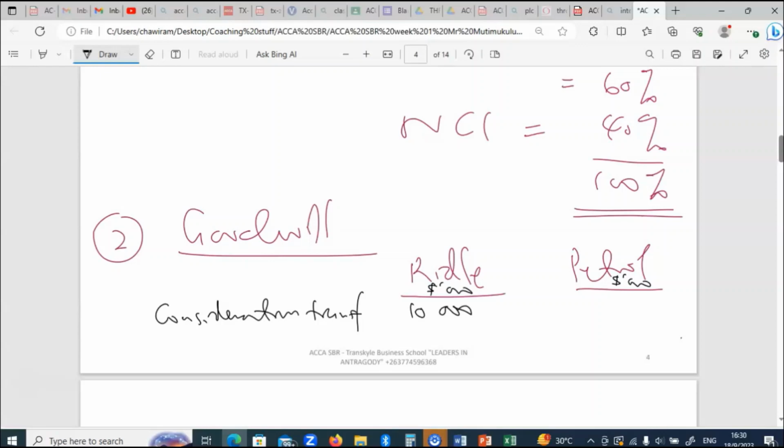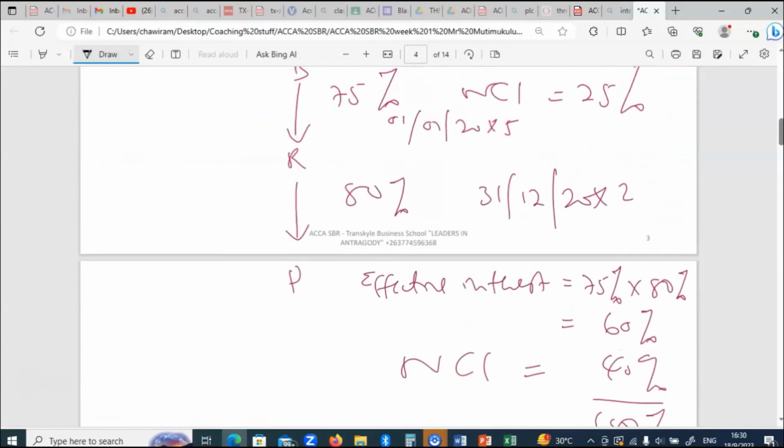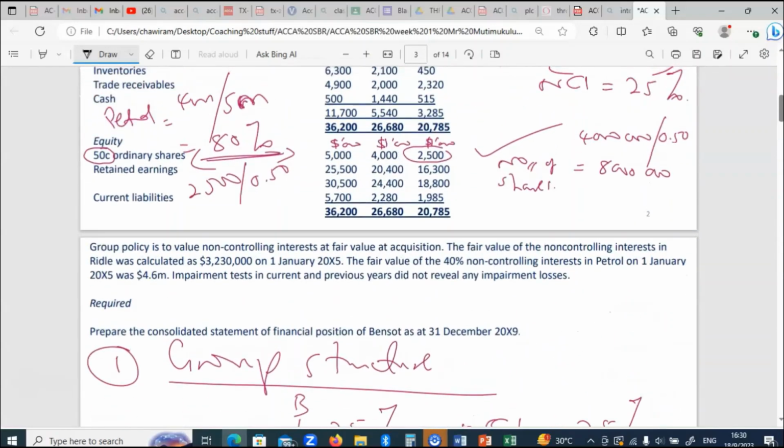All right, let's start with Ridu first, and then the non-controlling interest, because you need to add NCI at acquisition. This was given in the last statement: the group's policy is to value non-controlling interest at fair value at acquisition. The fair value of non-controlling interest in Ridu was calculated as 3.23 million on 1 January 2005.